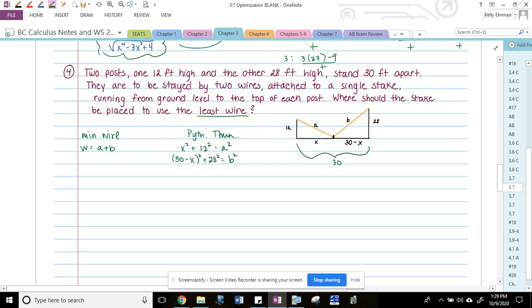Now, I can't solve for my minimum wire problem because that's what I'm trying to minimize, so I have to take the derivative of that. I need to solve one of these equations for either A or B. I would say it seems like it's going to be easier to isolate A, I guess, because, well, I guess it doesn't matter, does it?